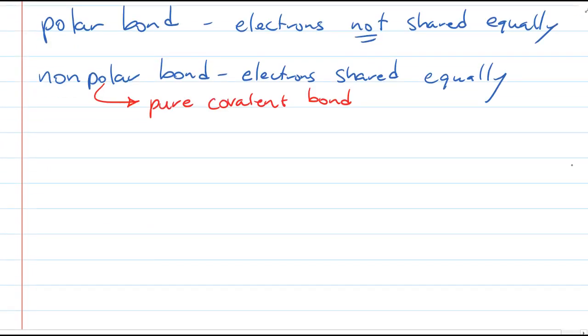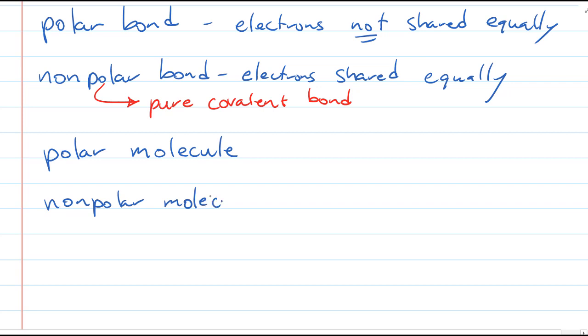Turns out that the most trouble comes from the polarity of molecules. So we look at what we say is a polar molecule and a nonpolar molecule. To determine the polarity of molecules, we need to look at the three-dimensional structure of the molecule itself.